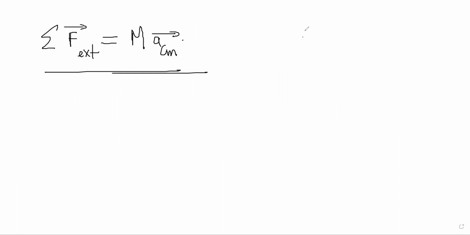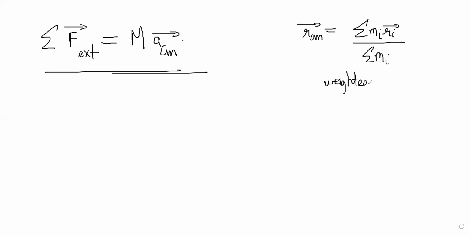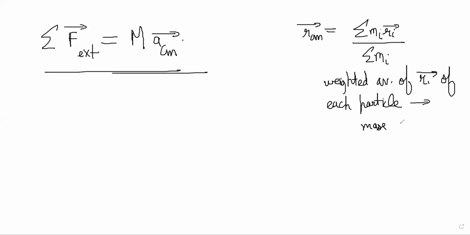So first we defined center of mass. We defined center of mass as a weighted average of the position vectors of each of the particles. Think about this. This is like a weighted average, right? Weighted average of positions of each particle, with the weights being the masses of the particles. Mass is the weight, right?